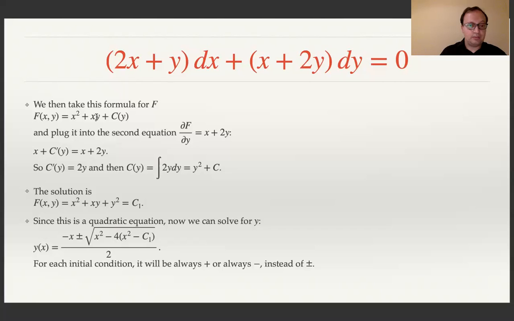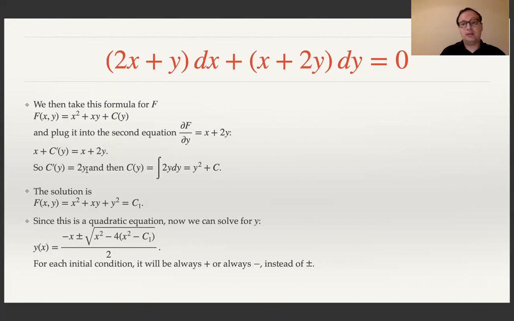For xy, we get x, because the derivative of xy with respect to y is x. And the derivative of c(y) is c'(y). So we get x + c'(y), and this is equal to x + 2y. The x cancels, and we get that c'(y) is equal to 2y.